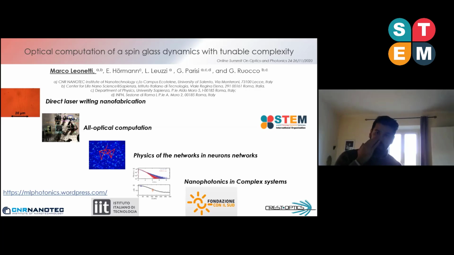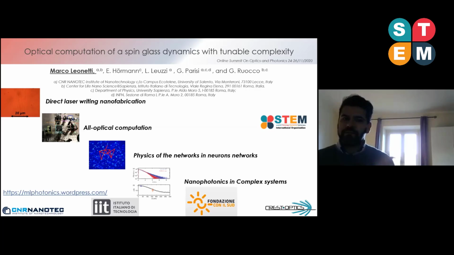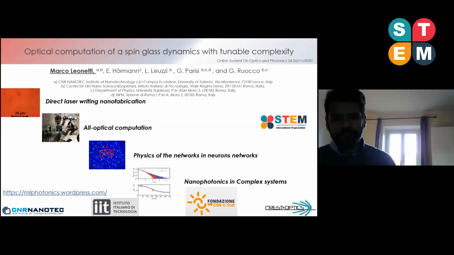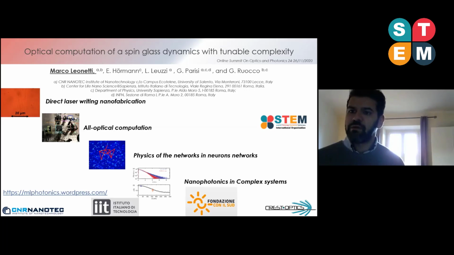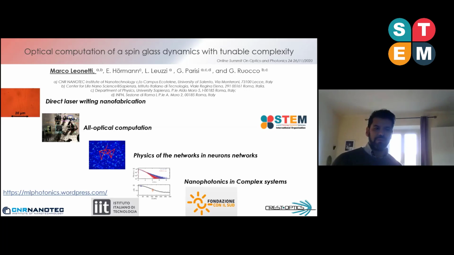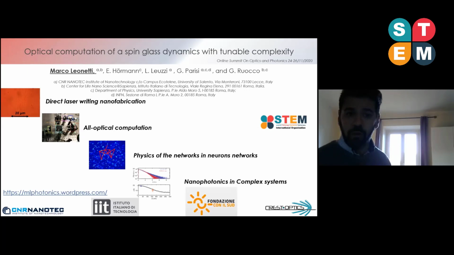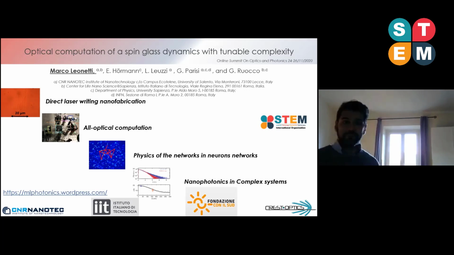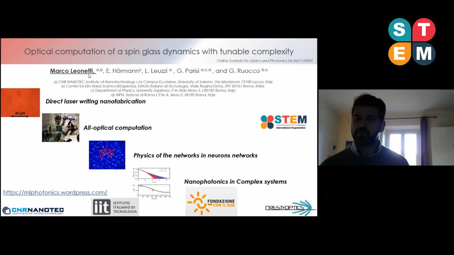Over there we have several research lines focused on optics, ranging from direct laser writing nanofabrication to the physics of neural networks studied with calcium imaging. Here I'm going to speak about all-optical computation, because we are presenting a technology which enables us to compute the dynamics of a spin glass exploiting optics.